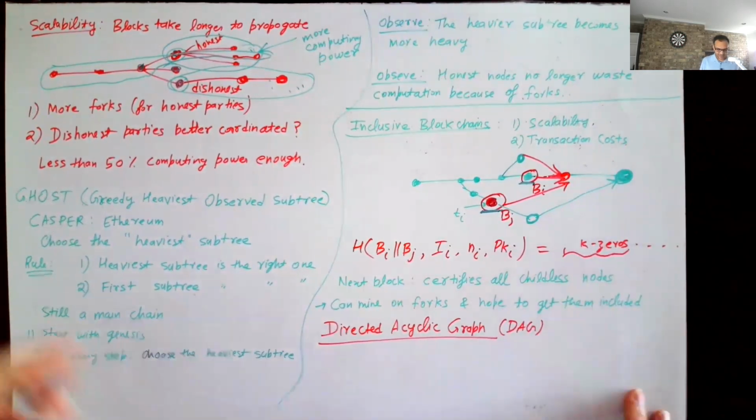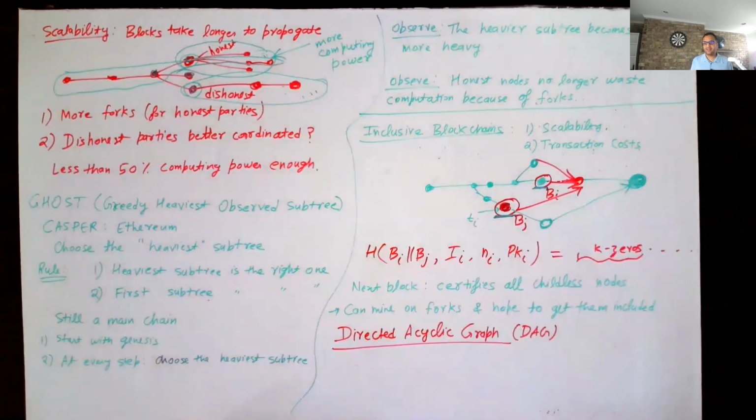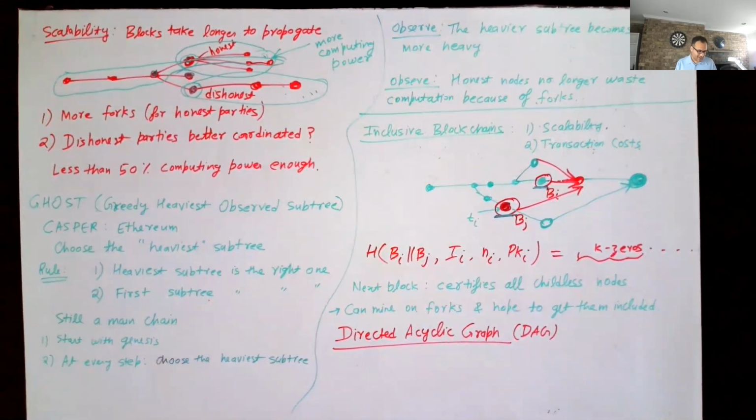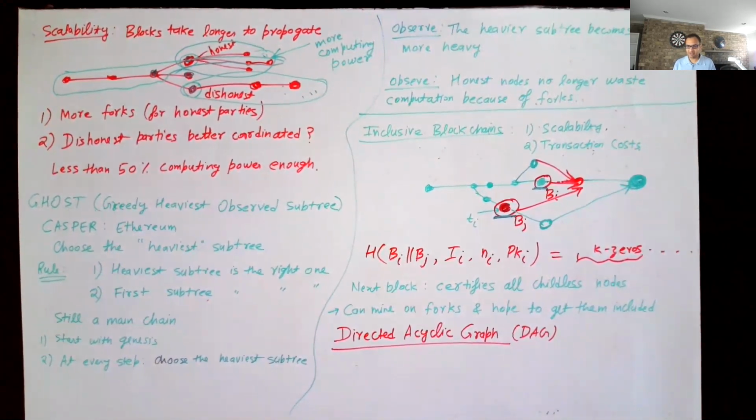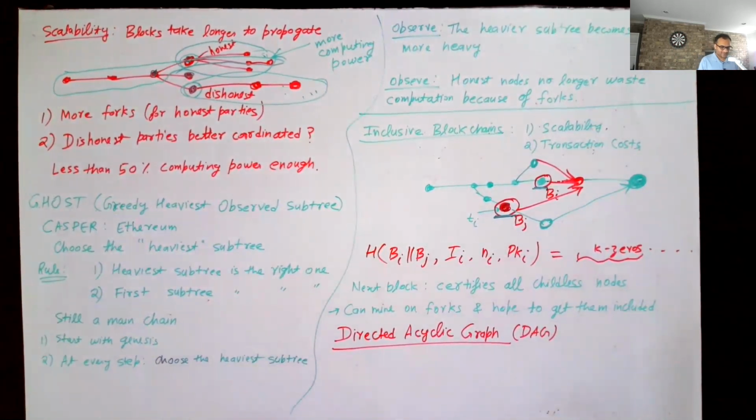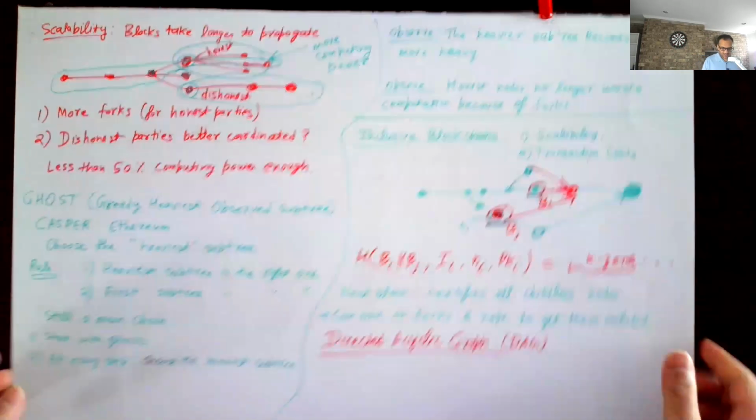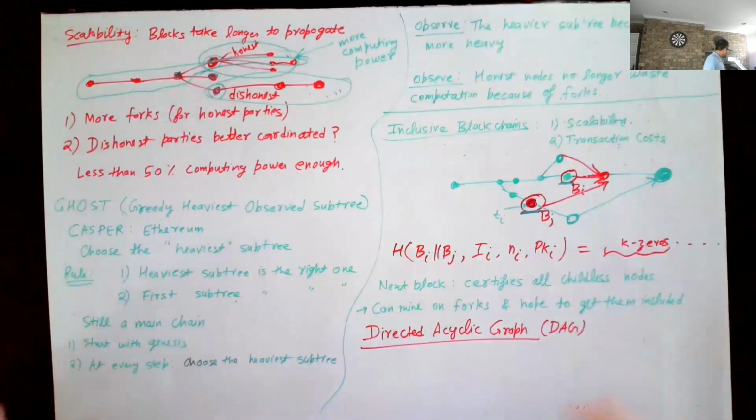Okay, so here we had a tree, here we have an even more advanced structure, which is a directed acyclic graph. I'm sure that you can come up with other structures and they might have some nice properties. Okay, any other questions?